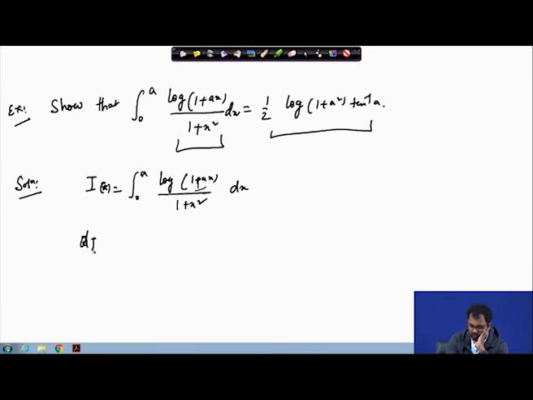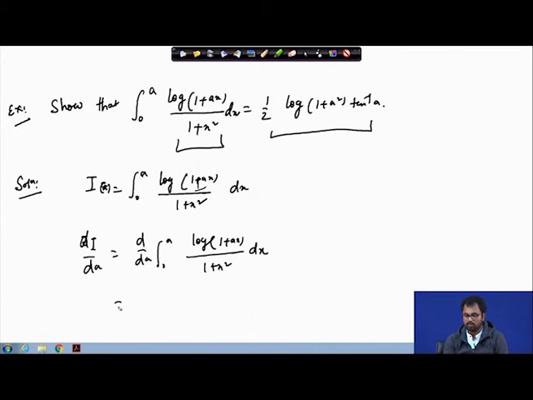So dI/da is d/da of the integral from 0 to a of log(1 + a x) divided by (1 + x²) dx, and this can be written with the upper limit substituted: instead of y, I substitute a, so this will be 1 + a times a divided by 1 + x².